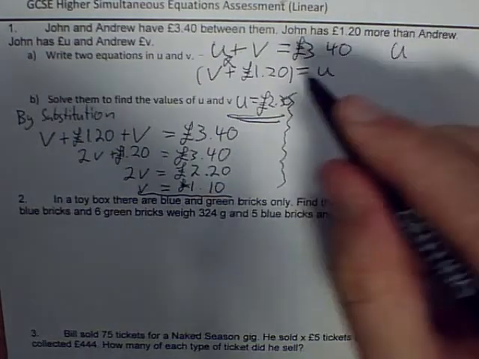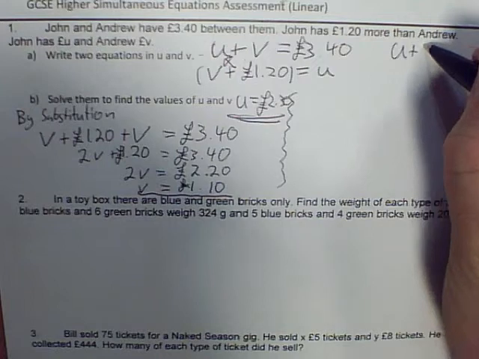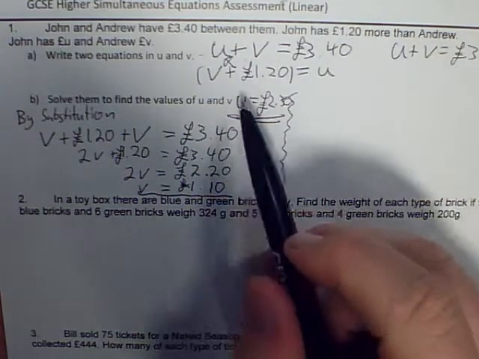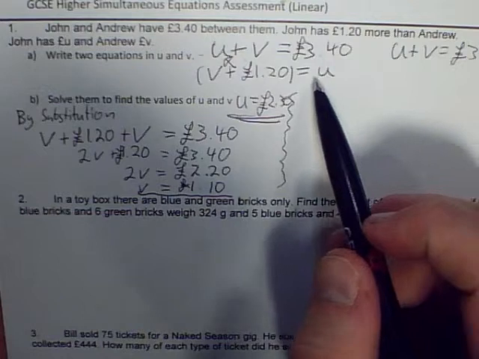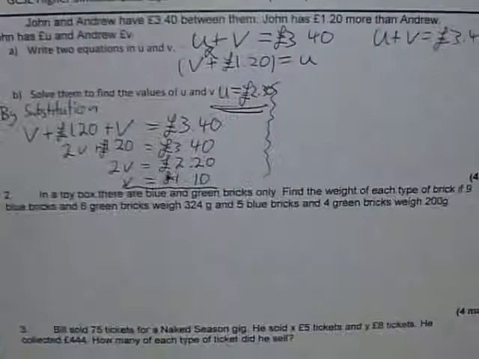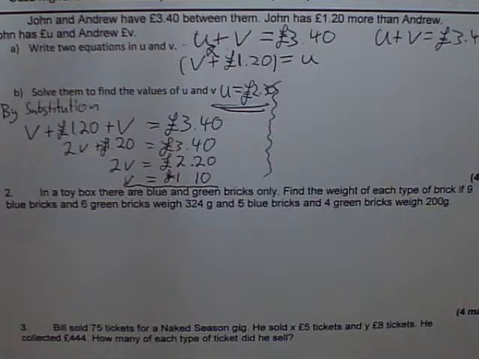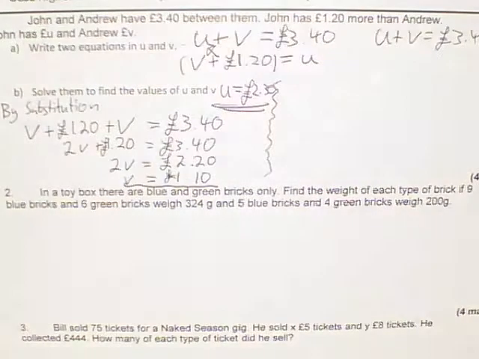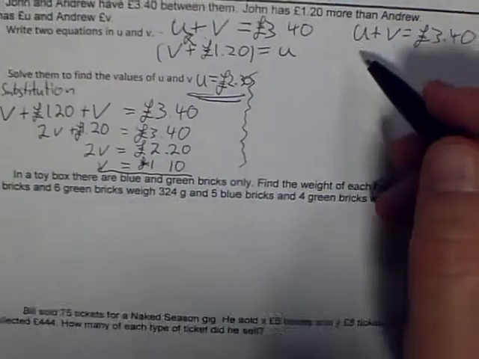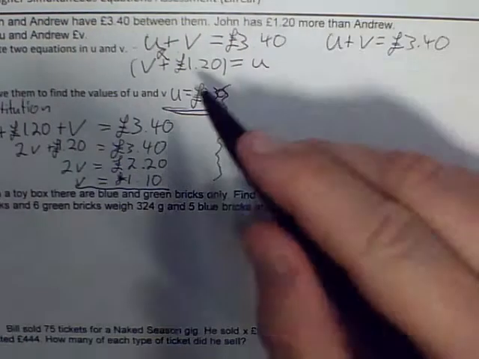Okay, so if I just rewrite this over here, U plus V equals £3.40. In this case, I've got V plus £1.20 equals U. I'm just going to rearrange that so I have all my numbers on one side and all my letters on the other side. So I want to have U and V, my variables, on one side and my numbers on the other.